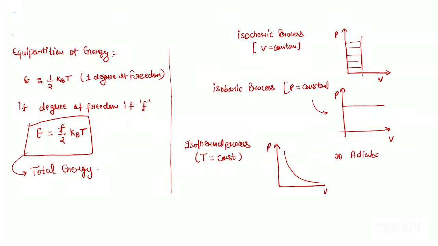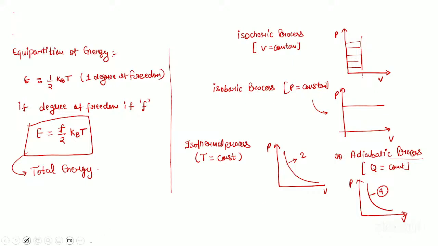The adiabatic process is one in which there is no transfer of heat, which means Q is constant. For that, the graph looks the same but it is steeper. If this has a slope, let's say 2, this will have a slope 4, which means the slope of the adiabatic curve is greater than the slope of the isothermal curve.